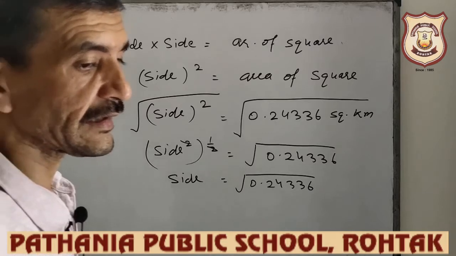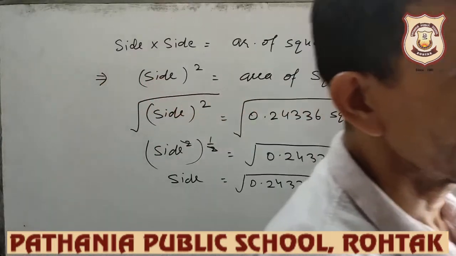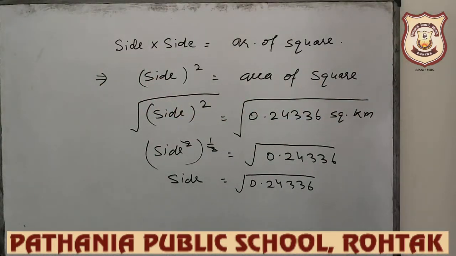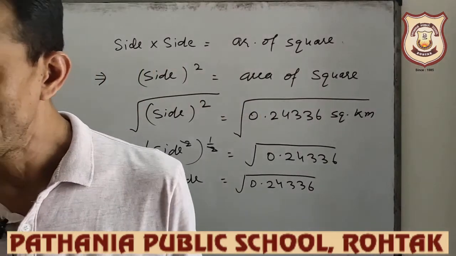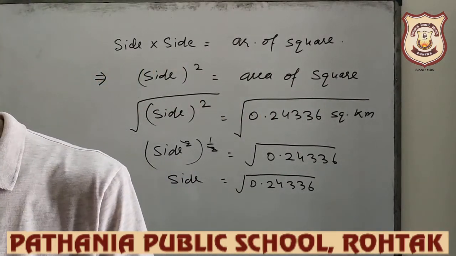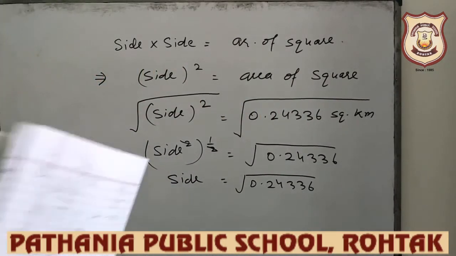Now what remains to be shown? We have to find the square root of 0.24336. So now we want to calculate the square root of 0.24336. What is that method?